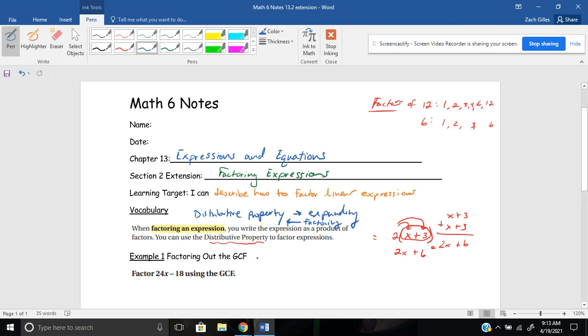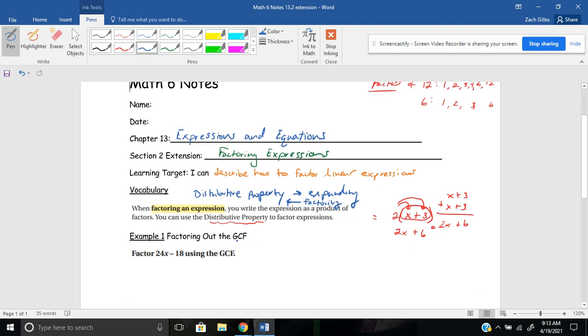It wants us, for example 1, to factor out the greatest common factor. Okay, well, first off, what is the greatest common factor between 24 and 18? Because it says 24x minus 18. So let's find the GCF of 24 and 18. What are the factors that they have in common?